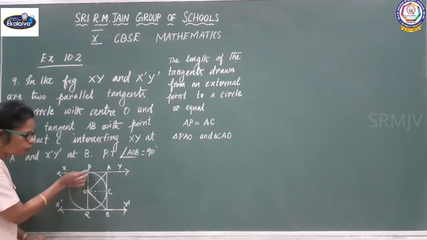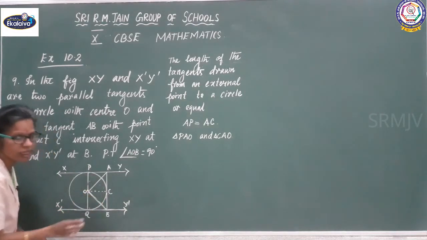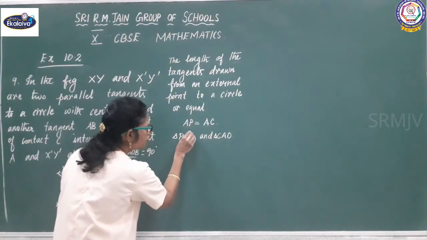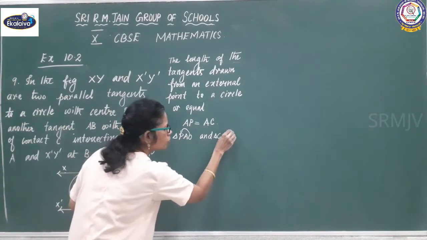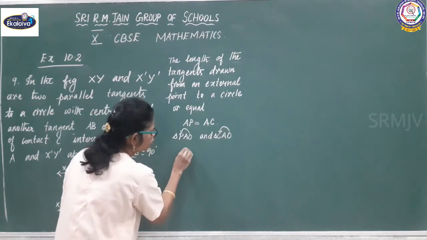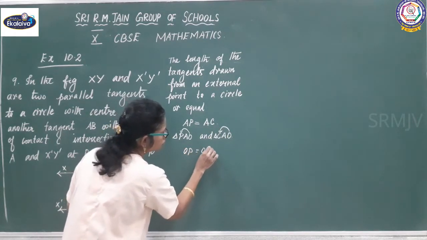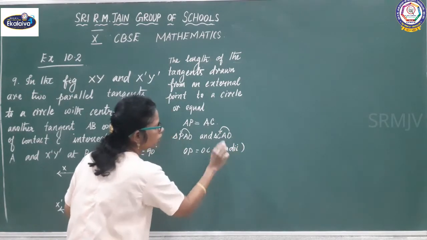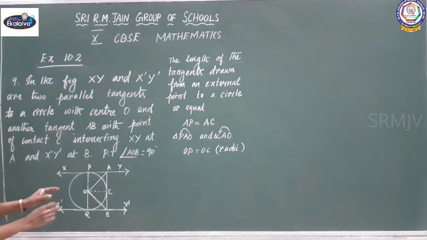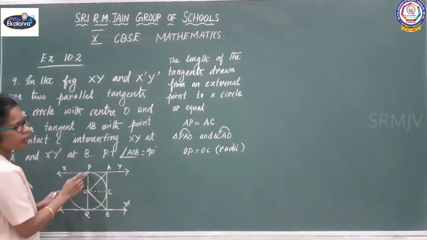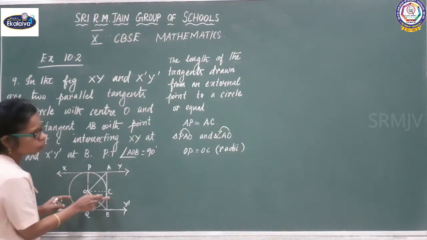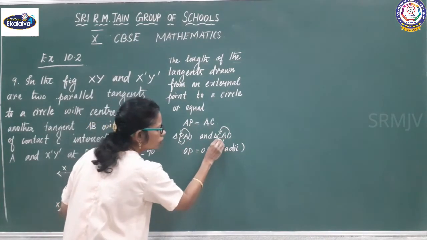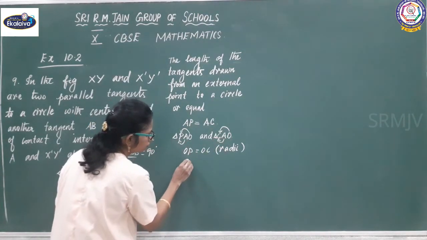You see, OP and OC are radii. All the radii are equal. Next you said AP equal to AC.